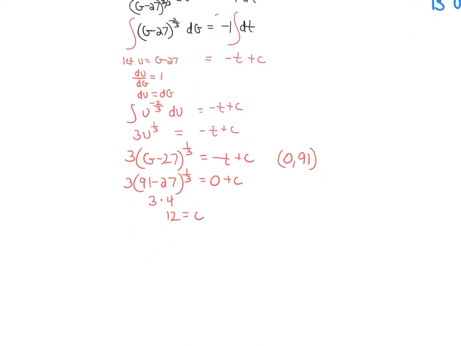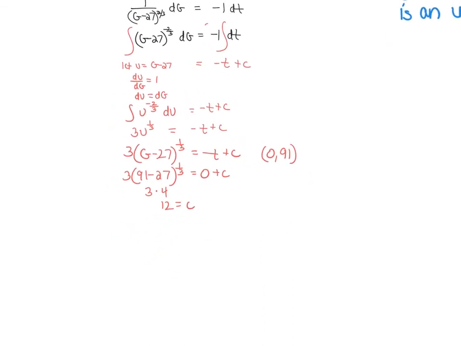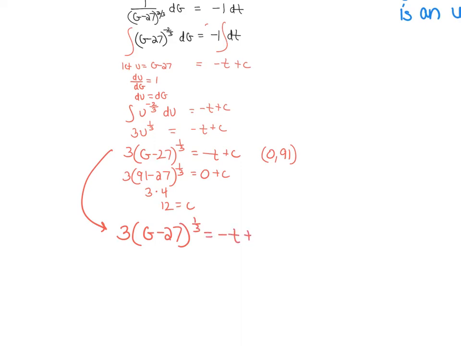So we are still looking to find our model for G. When I plug that in, I have 3 times G minus 27 to the 1/3 equals -t plus 12. I need to solve for G to get our model for G. I'm going to divide everything by 3.